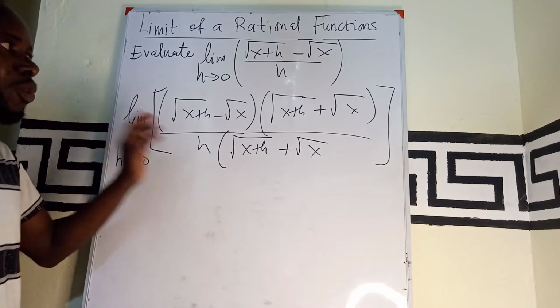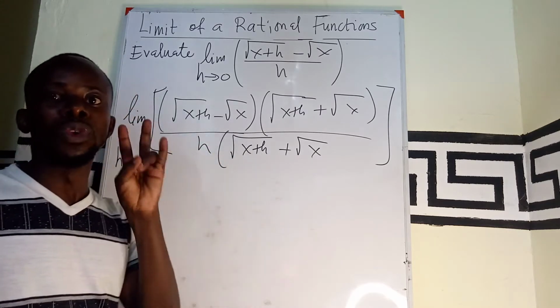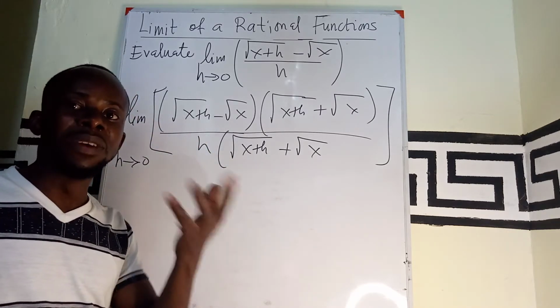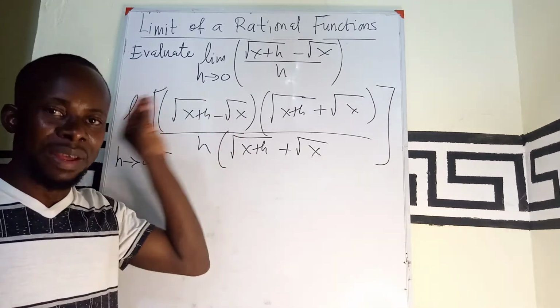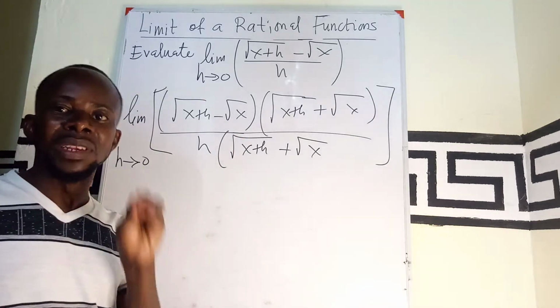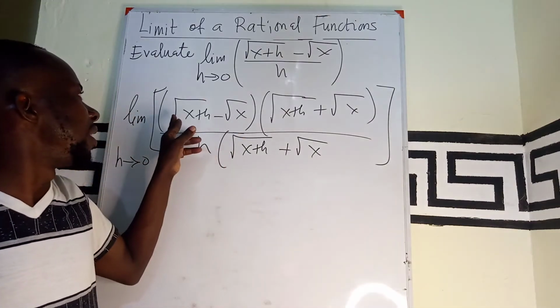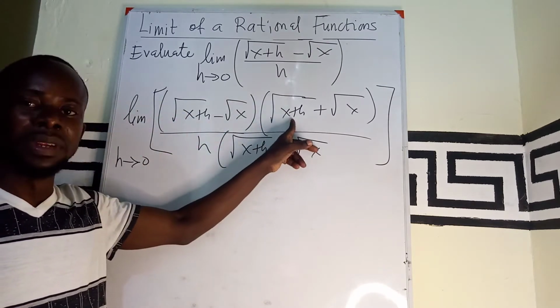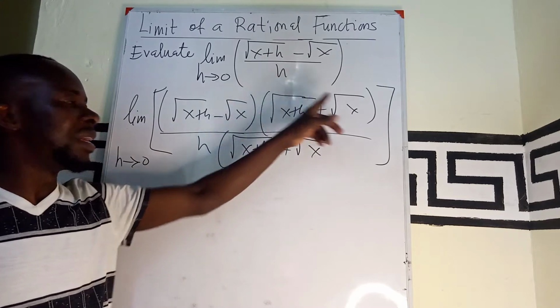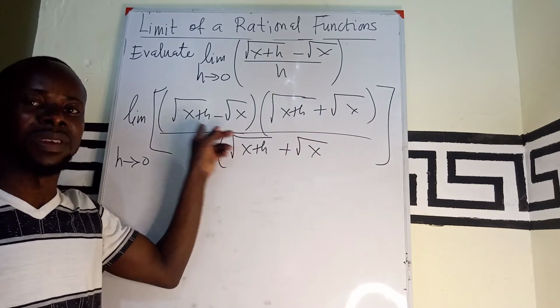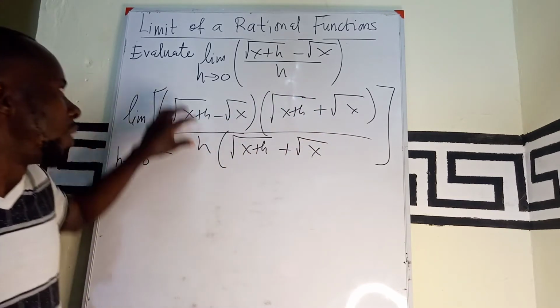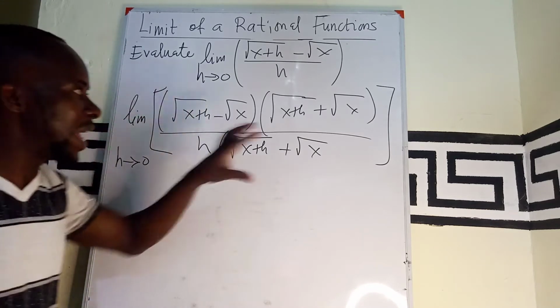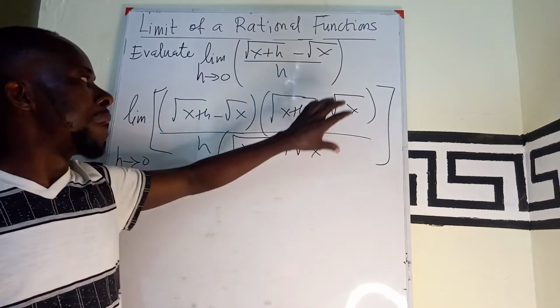Now if you look at your numerator very well, since it's a conjugate pair, it's more or less like a difference of two squares, meaning the first term squared minus the second term squared. You can see the root of x plus h is the first term. The second term is the root of x. So I only square the first term minus the square of the second term.